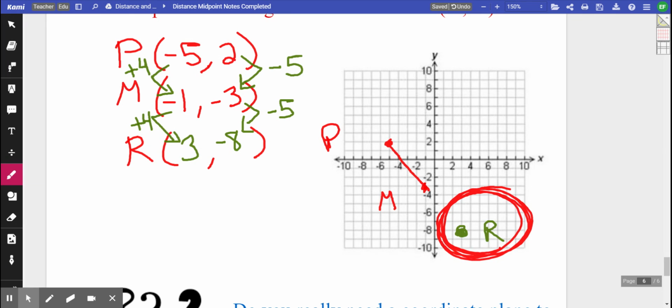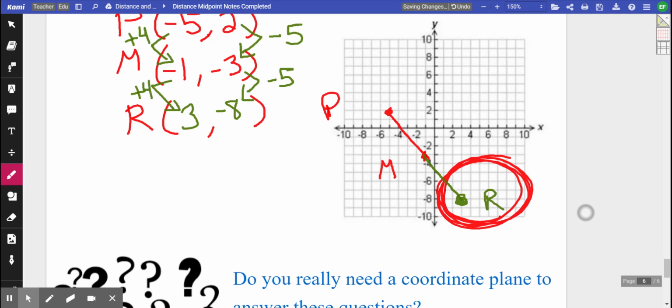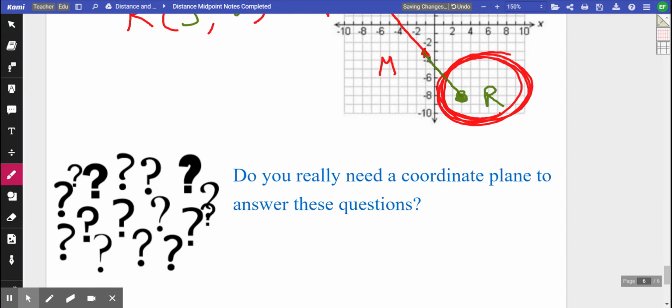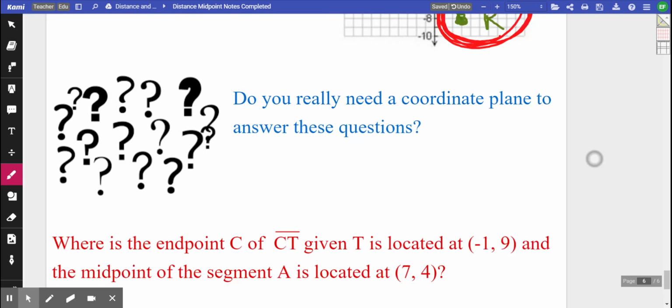And then if I extend my segment, does it still look like M is the midpoint of that segment PR? It really does. So it looks like we're good, right? We found the location of the other endpoint of a segment. So did we really need the coordinate plane in order to answer this question?